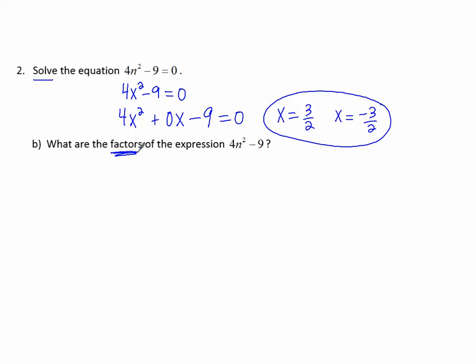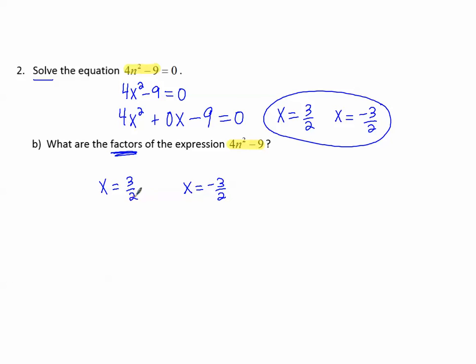What are the factors of this expression? So I see this is the same quadratic. Let's take each of the solutions, x equals 3 halves and x equals negative 3 halves. So again, remember that our goal is to make this equal 0. But it's not pleasant to have to work with fractions if we don't need to, so maybe we deal with that first.